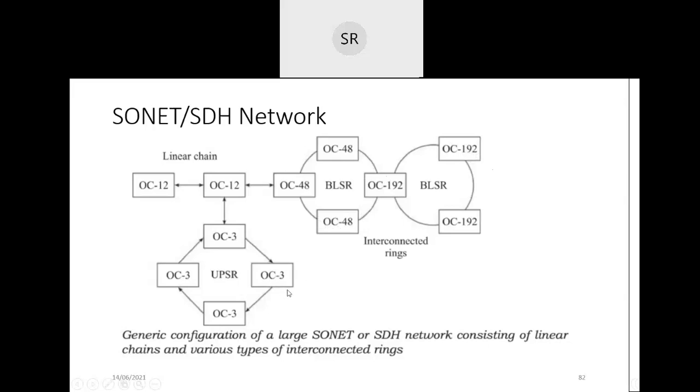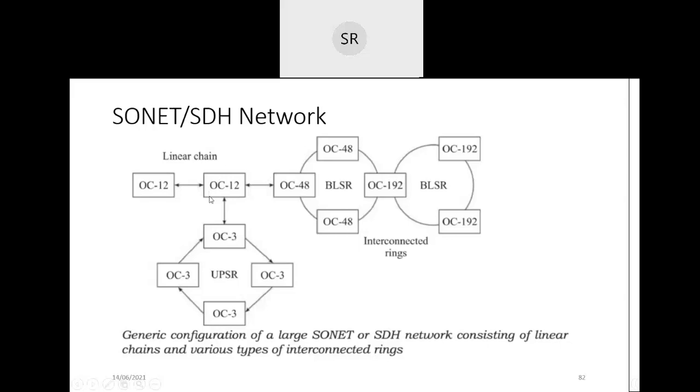Now, if you consider the capacity of OC-12 as compared to OC-48, which is now connecting, in that case we can say that the OC-48 ring has a lower capacity localized to the OC-12 or OC-3 ring, or we can say a linear chain connected to this particular OC-48 ring, because it is connected from OC-12 to OC-48.